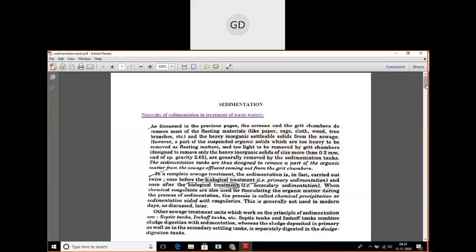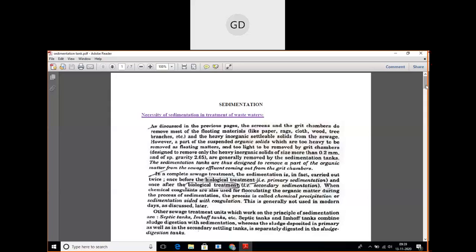So there, what we have studied is that in screening, all the floating matters that we separate, the floating materials get separated. Then after that, we have grit chambers, so the suspended materials or the grits, which are a little bit heavy, get settled in your grit chamber.